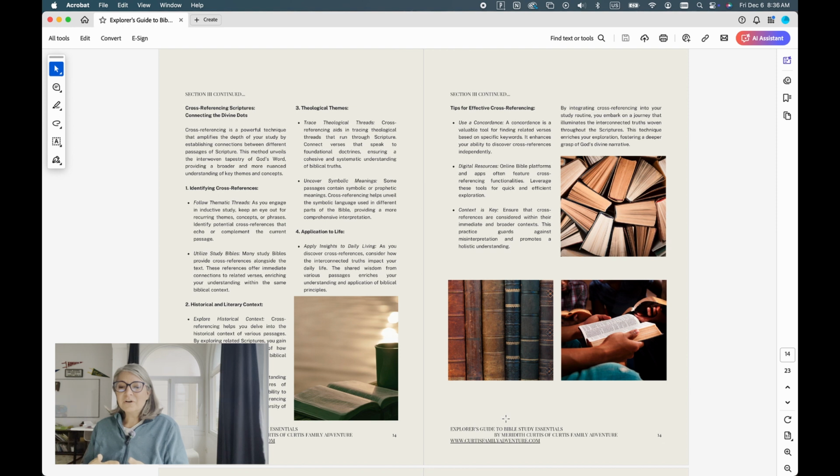And so looking up cross references, make sure that we are using scripture to interpret scripture, that we are looking at the appropriate historic context of what we're studying, the section, the verse, however detailed and locked down we're looking. In this section, I go into what are cross references, how do we find them, what to look for, looking for themes, whether we're using cross references for word studies or studying a theme in the Bible. It's such a powerful tool. So go into a lot more detail with that.